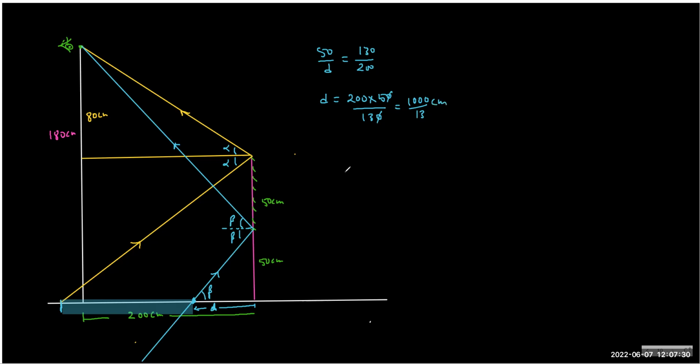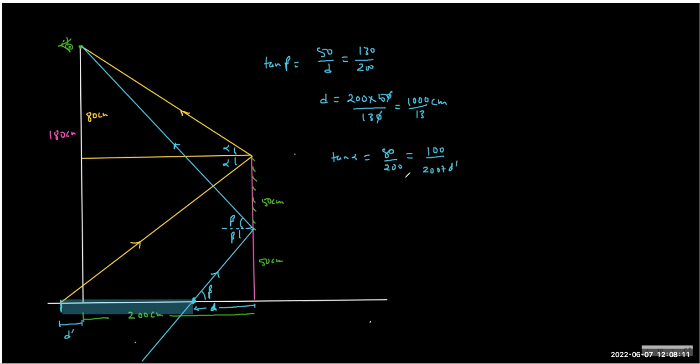All right. And the other you can find using alpha, so tan alpha you can attach. If I call this d dash, tan alpha in the upper triangle will be 80 by 200, equals, in the lower triangle, 100 upon 200 is very nice.